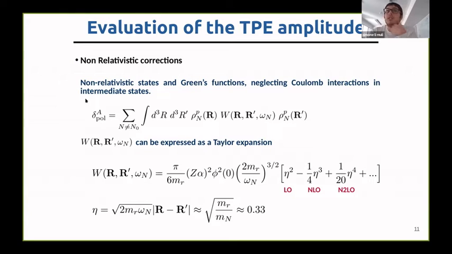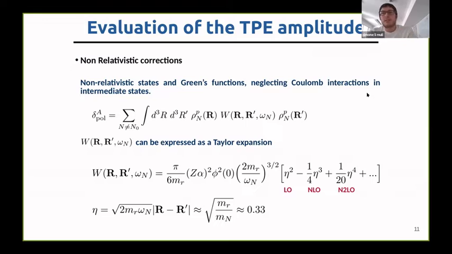So having that said, we can evaluate the polarizability correction. The previous equation needs some massage, and let us also make some approximations. Let us, for a start, evaluate everything in non-relativistic quantum mechanics. This means that both external states and Green function will be solutions of non-relativistic equations. And let us also neglect Coulomb interaction in intermediate states.